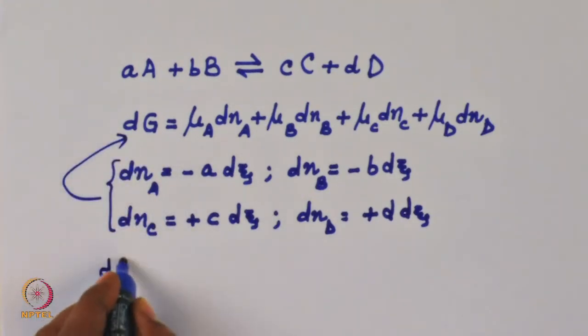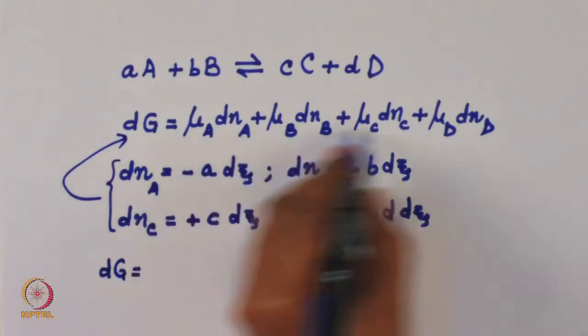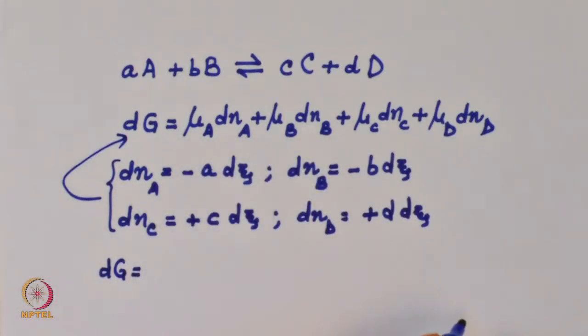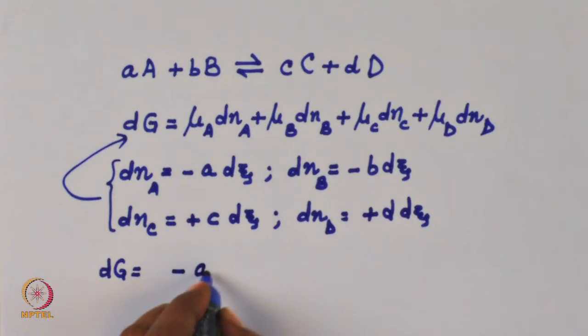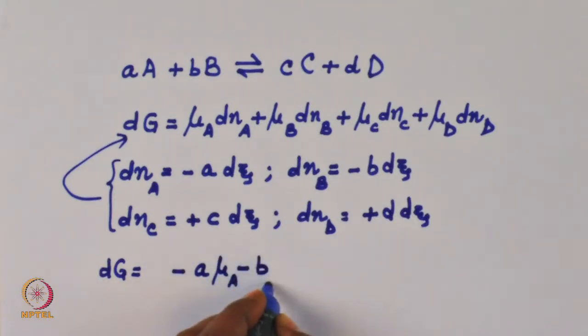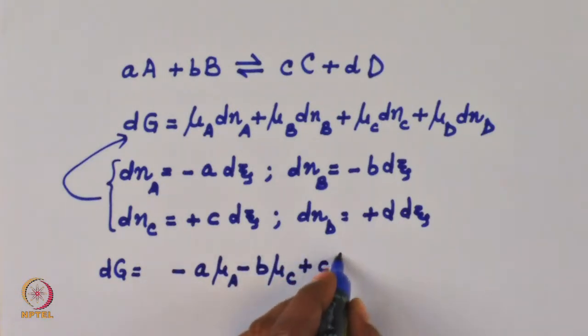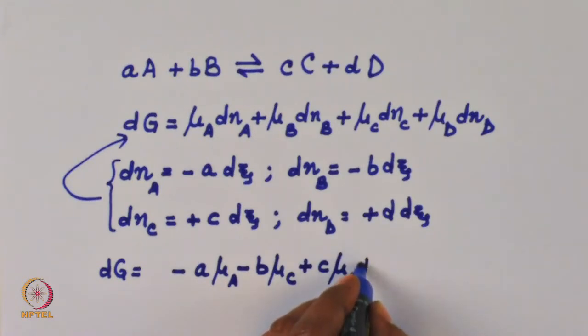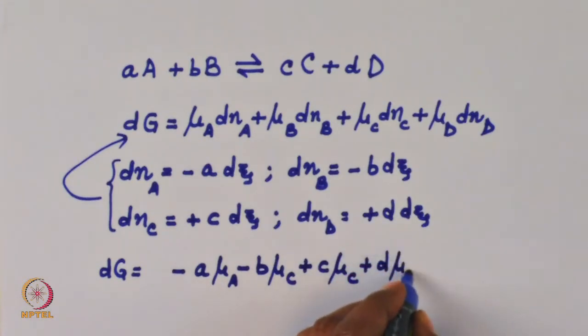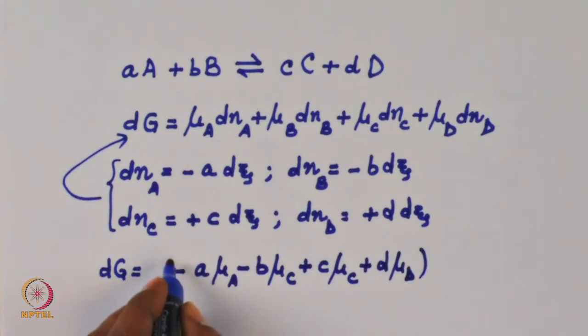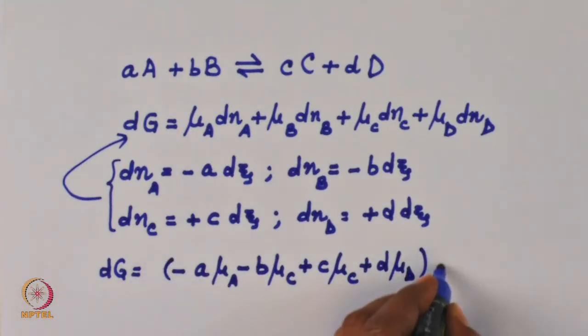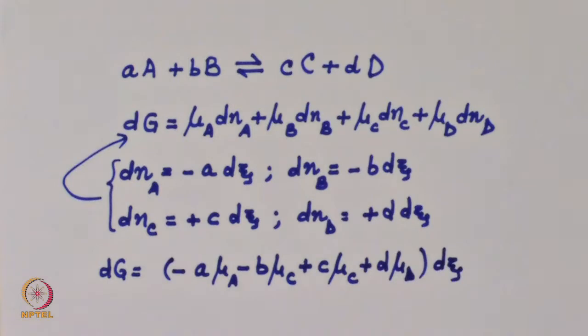We get dG equal to, once I substitute here, minus nu A times mu A minus nu B times mu B plus nu C times mu C plus nu D times mu D, if I take d xi out of it.